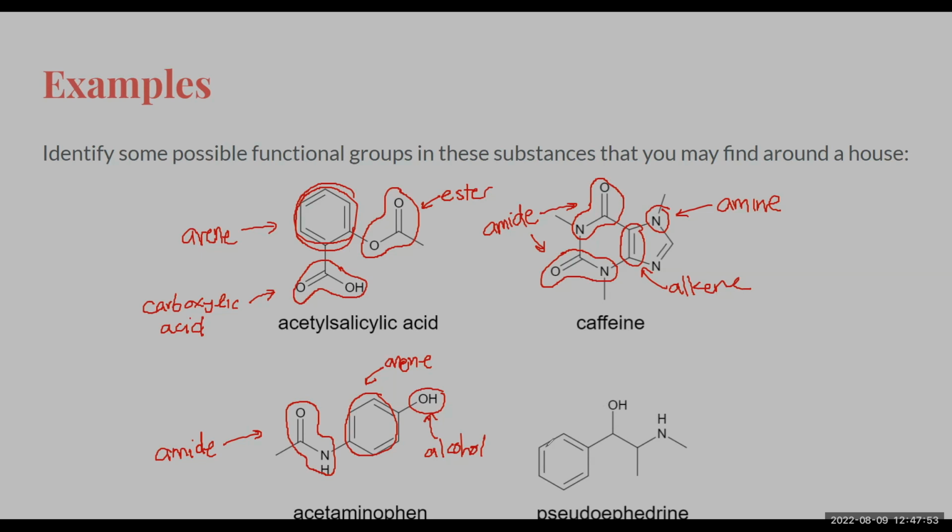This last one is acetoephedrine. This is kind of like in your medication that you might take if you had a cold. So we have an arene. We have an alcohol here. And finally, we have an amine.